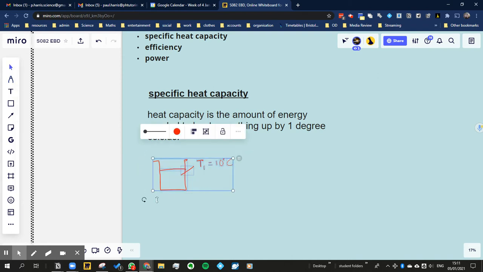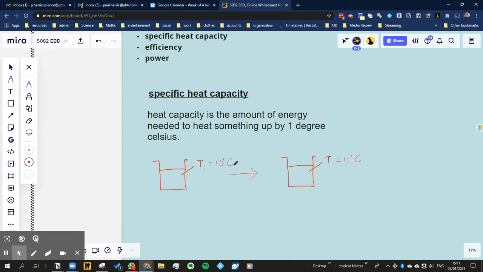So let's copy that picture. The energy needed to heat it up to go from 10 to 11 is the heat capacity, okay? So let's say it's the heat capacity for this particular thing, whatever it is, a beaker of water.